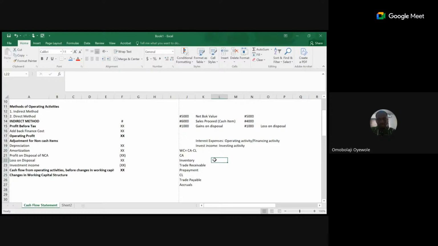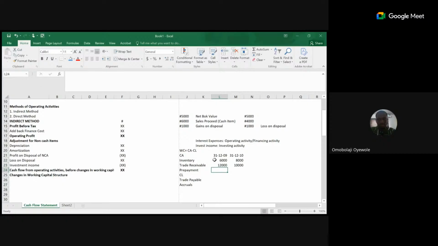Say we have inventory amounting to 6,000 naira as at 31st December 2009, and as at 31st December 2010, I have inventory amounting to 8,000 naira. Trade receivable as at 31st December 2009 is 12,000 naira, and as at 31st December 2010 is 10,000 naira.